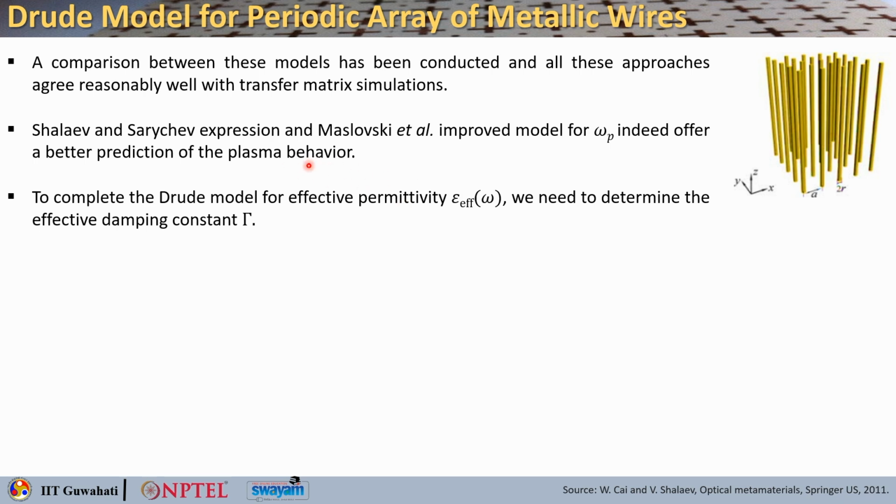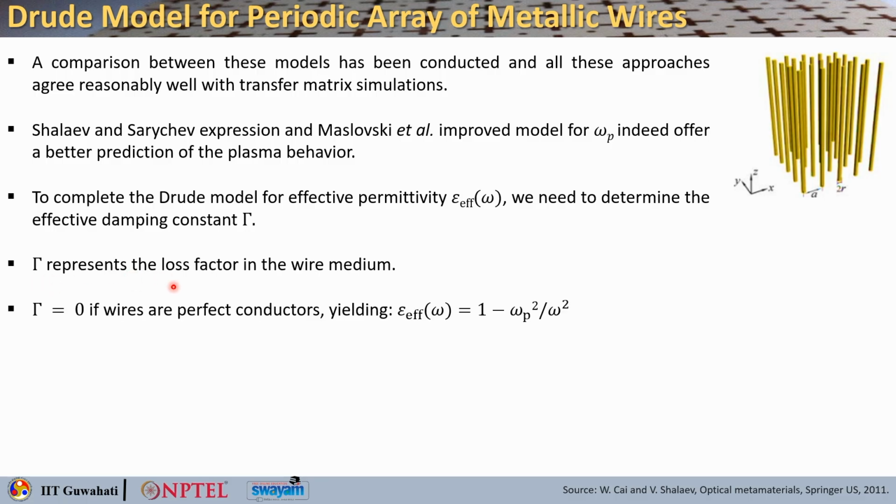And to complete the Drude model for effective permittivity, you can determine the next important parameter, which is the effective damping constant, right. Now, damping constant gamma basically represents the loss factor in the wire medium. So, if you consider gamma equals 0, that means you are considering the wires to be perfect conductors.